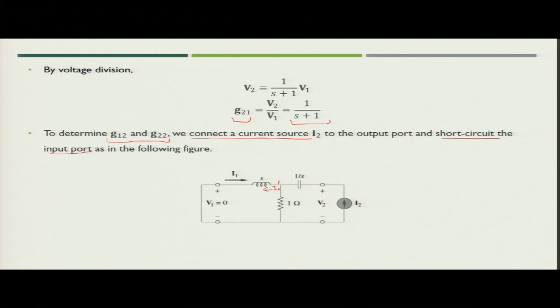So, total value of V2 will be applied across the parallel combination of inductor and resistance and in series with the capacitance. So, you can say V2 is nothing but I2 into 1 by S plus the parallel combination of resistance and inductor.